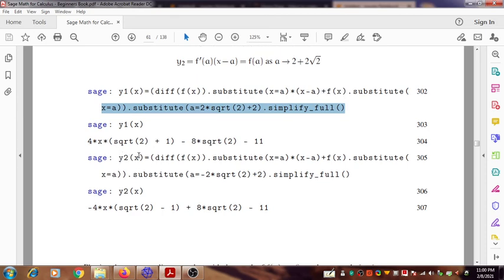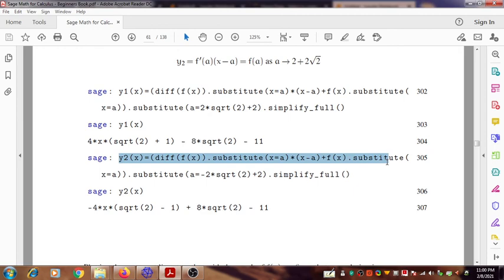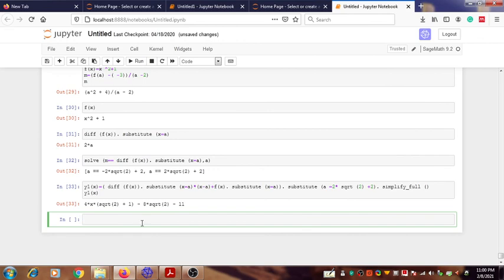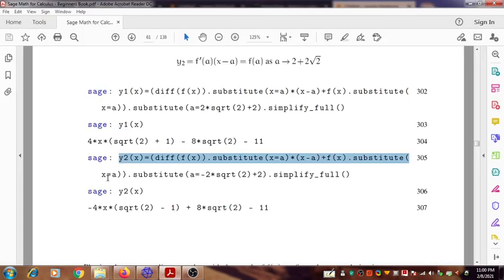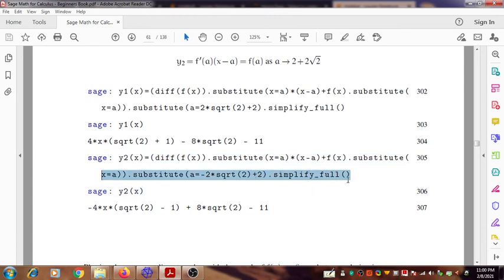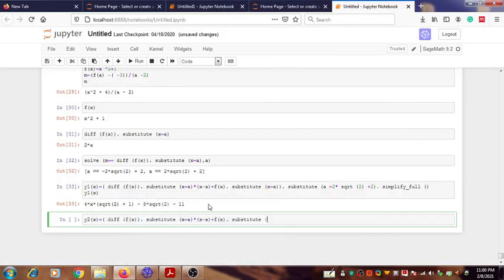Okay, let's copy this, and this is for obtaining the equation of the second tangent. Okay, done.